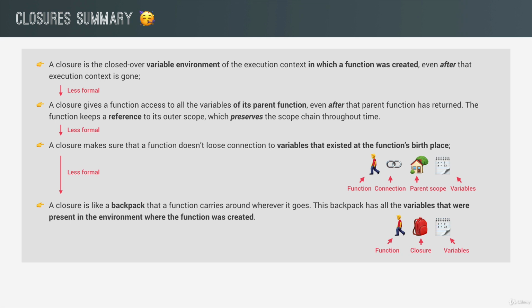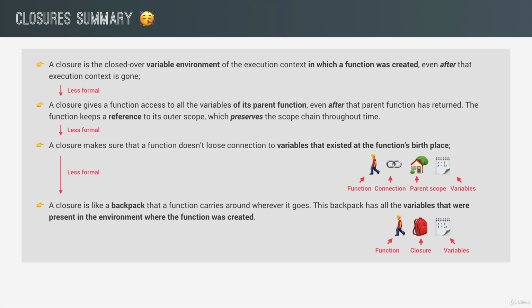Then, whenever a variable can't be found in the function scope, JavaScript will look into the backpack and take the missing variable from there. So kind of similar to the other definitions, but maybe a little bit more visual. So these are some different ways of defining closure, but they all mean the same thing. They all represent the same idea.